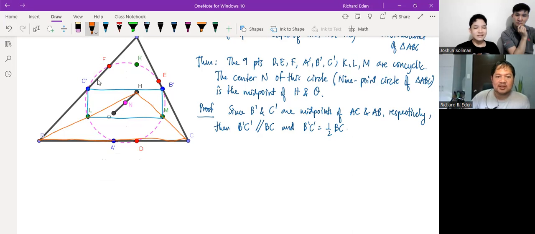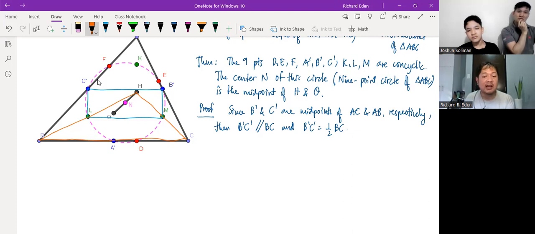What is L? Midpoint of HB. How about M? Midpoint of HC. So the green points. So LM is a midline of the orange triangle HBC, so it is also parallel to BC and also half of BC. So LM and B prime C prime. In our seeming rectangle, we've taken care of the horizontal sides.